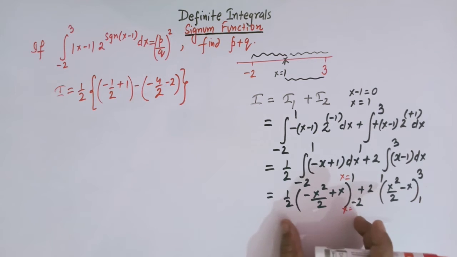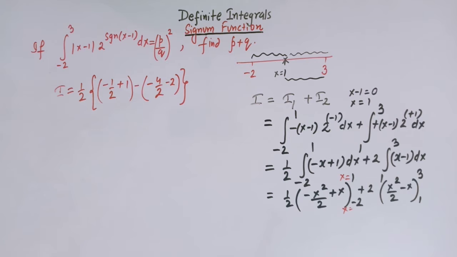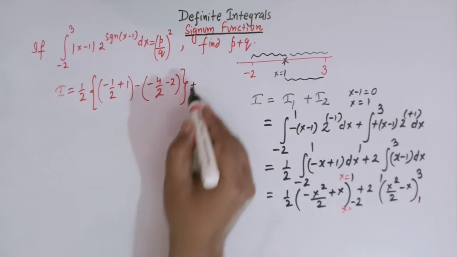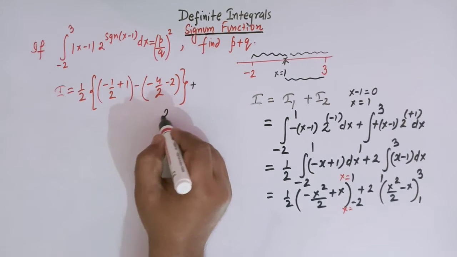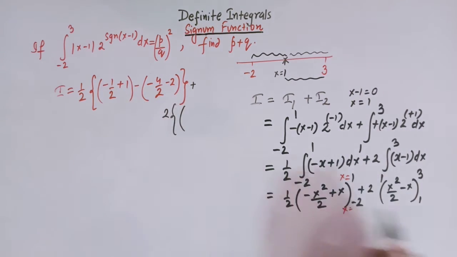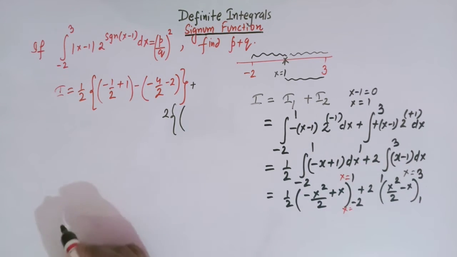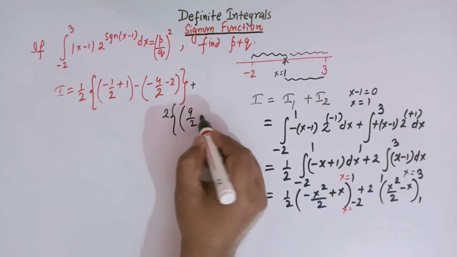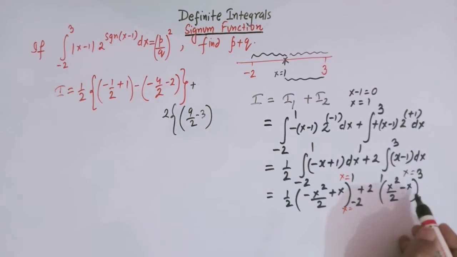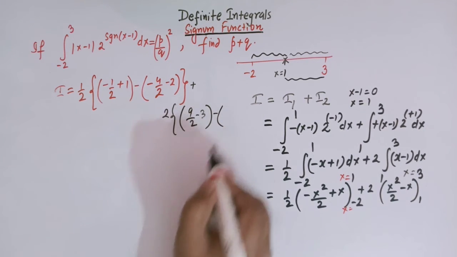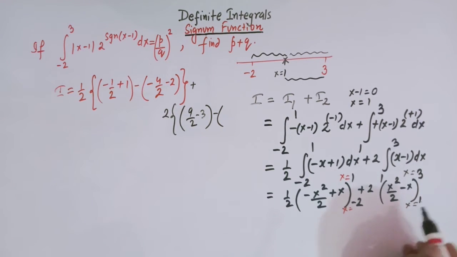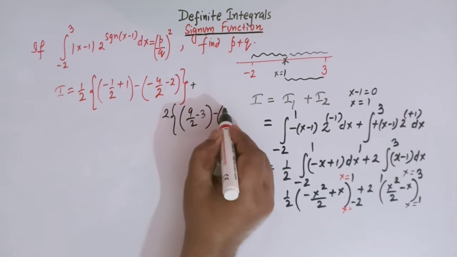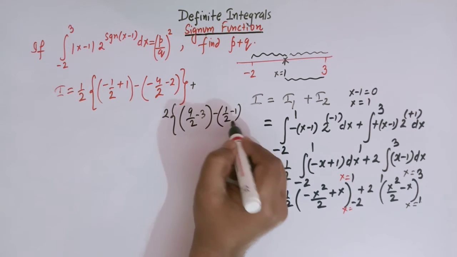So this is the value of this integral, and now we can write this expression. So we have plus, here we have 2, and when we take x is equal to 3, we have 3 square is 9 over 2, we have minus 3, and then we have minus, and when we take x is equal to 1, we have 1 square is 1 over 2 minus 1, right?